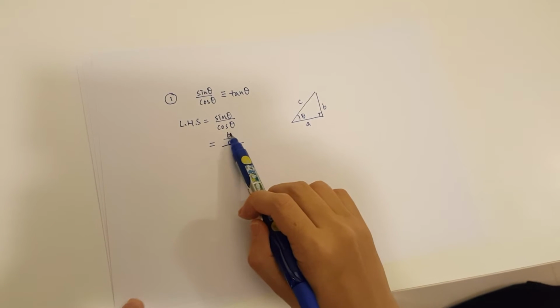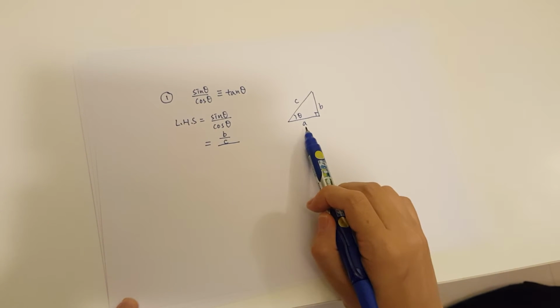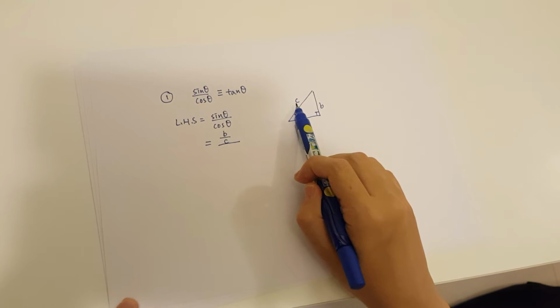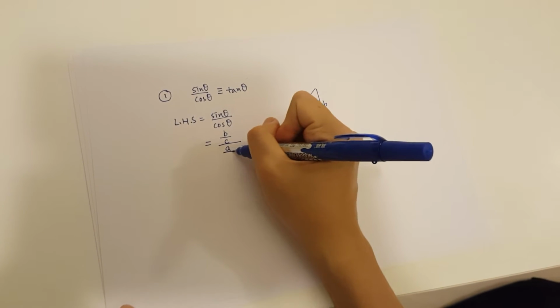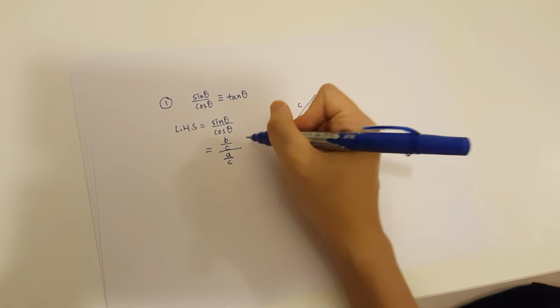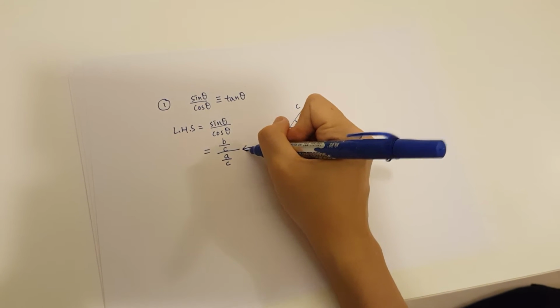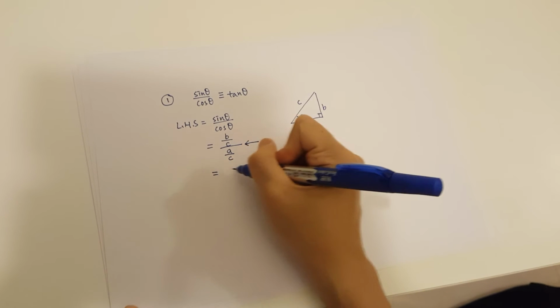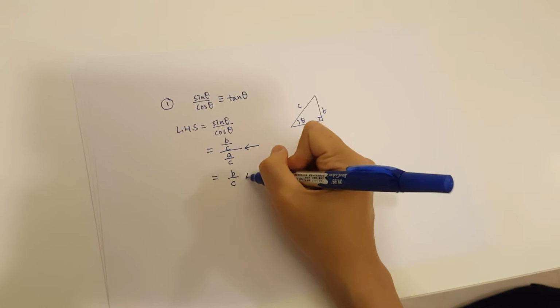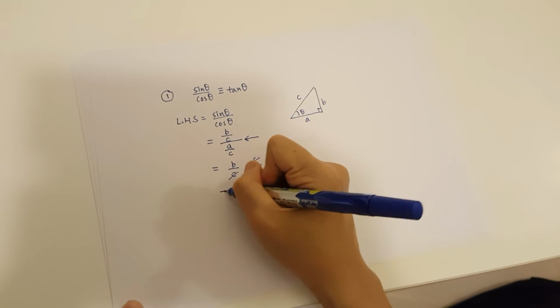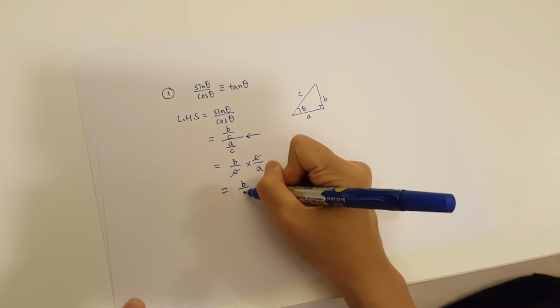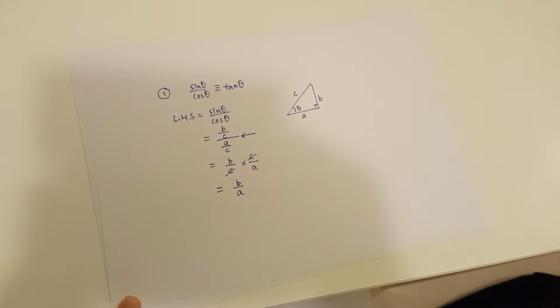Cosine theta is equal to the adjacent side over the hypotenuse, that is a over c. Okay, and then we change division into multiplication. After simplification, we find that it is equal to b over a.